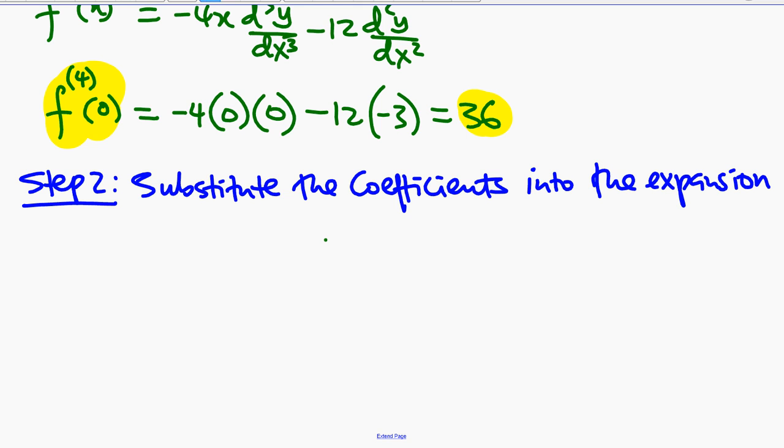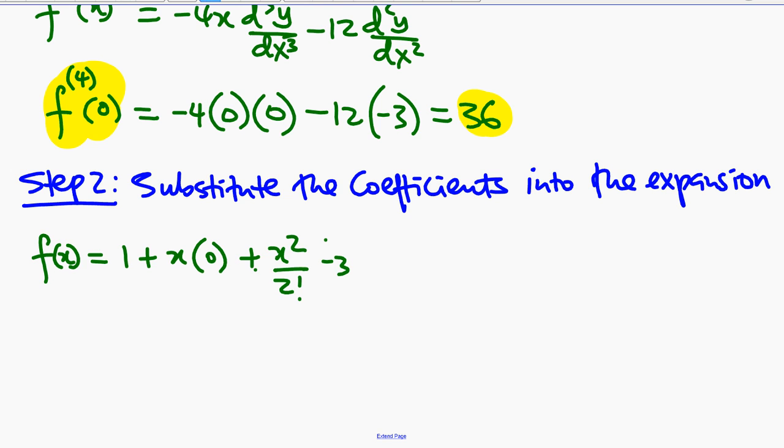So what we'll end up with is f of x will be equal to 1 plus x times 0 plus x squared over 2 factorial times negative 3 plus x cubed over 3 factorial times 0 plus x to the fourth over 4 factorial times 36.